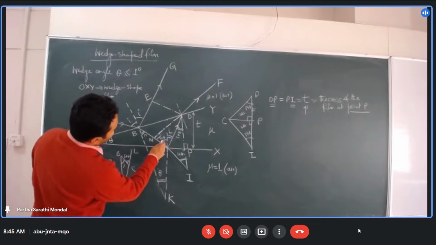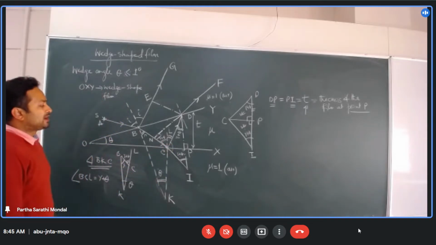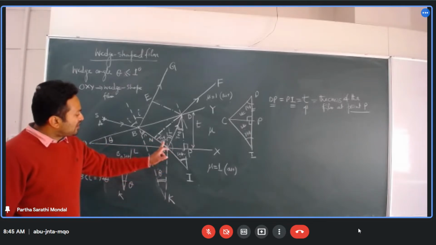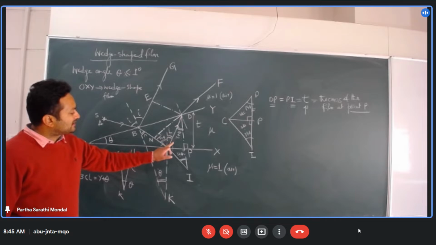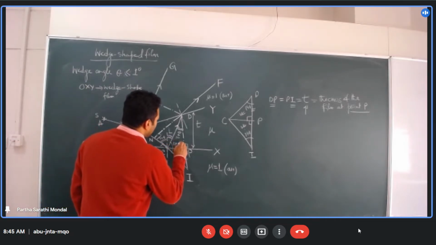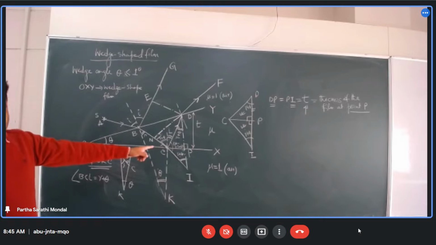So if it is r plus theta, then it is actually 180 minus 2 into r plus theta. This angle, because total 180 है ये, और ये 2r plus 2 into r plus theta है. So this is actually 180 minus 2 into r plus theta. दिखाई दे रहा है ये?